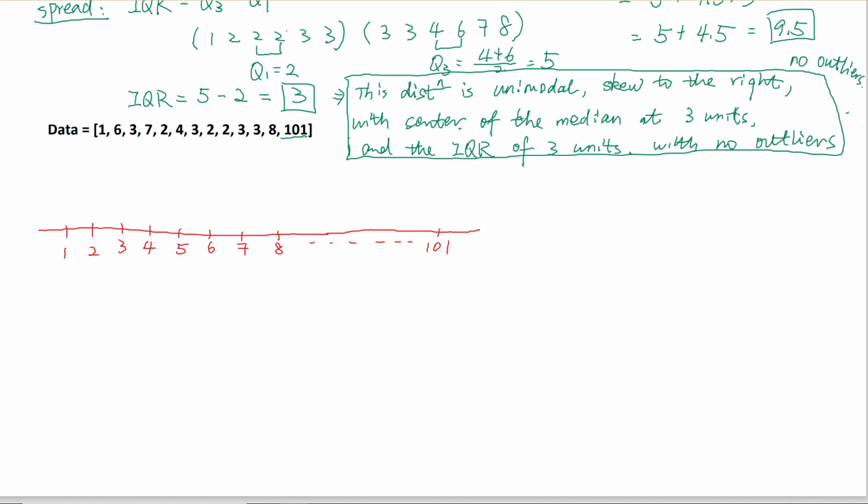Right, so we have 1, 6, 3, 7, 2, 4, 3, 2, 2, 3, 3, 8, and 101.